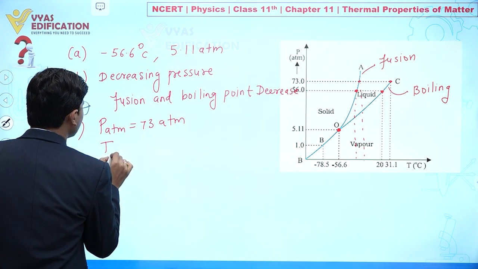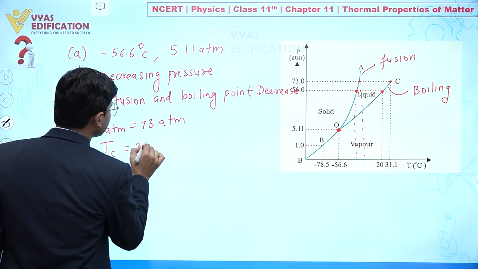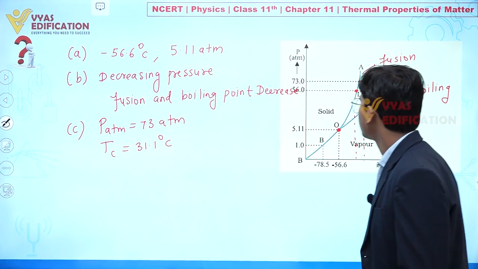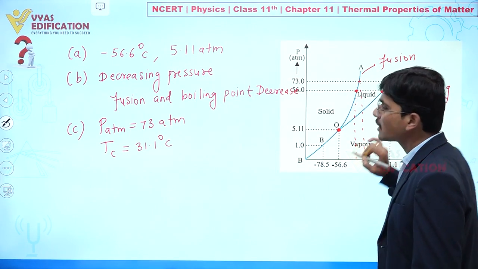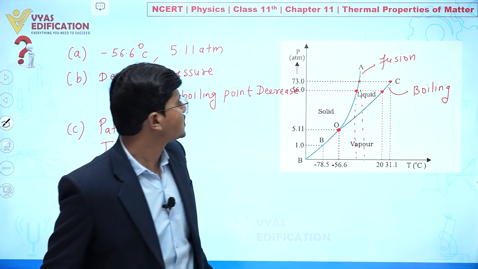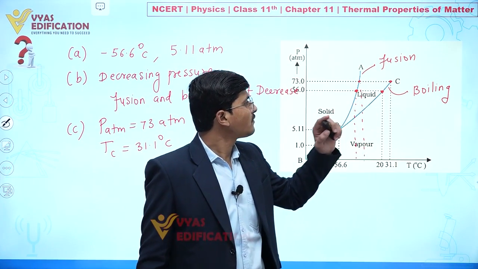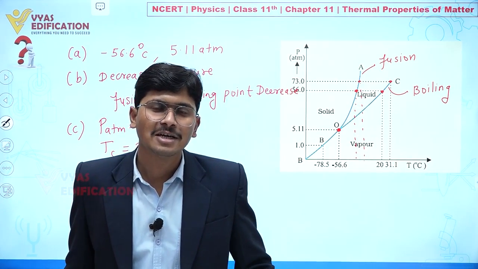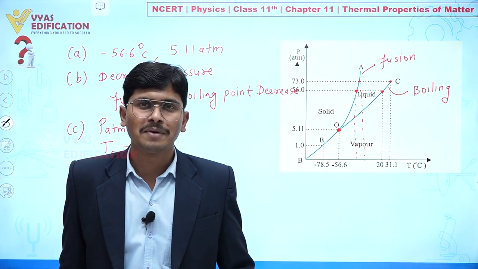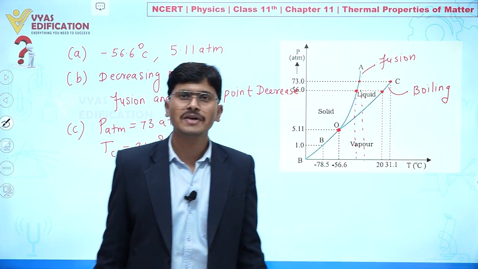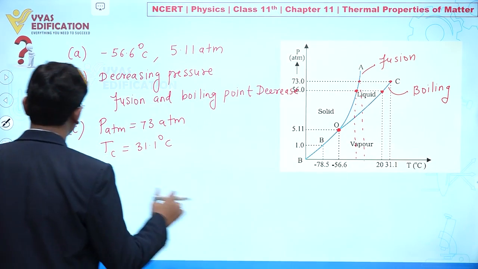And what about temperature? Temperature is 31.1 degrees Celsius. Now what is the significance of this critical temperature? The significance of this critical temperature is that after this temperature you cannot liquefy carbon dioxide gas. Clear? However large pressure you are applying, that carbon dioxide always remains in a vapor phase. Clear to everyone? So this is the meaning of critical temperature.